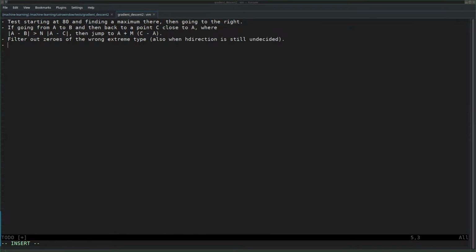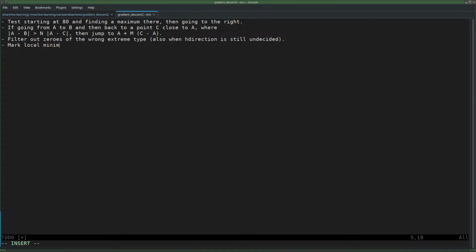So I guess I should write down here in my to-do: minima or extremes. Well, minima definitely play a special role there, though.